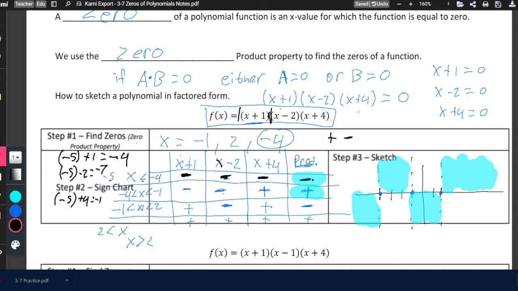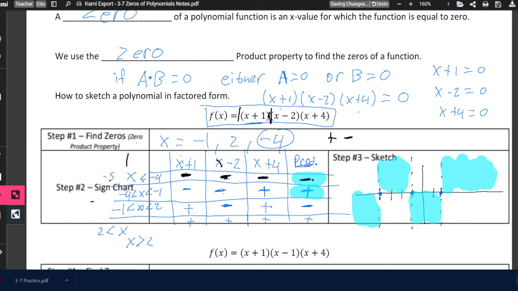Okay. So for the second one, just going to erase this real quick because it's going to be similar. We need a number that is between negative 4 and negative 1. So I'm just going to arbitrarily choose negative 3.